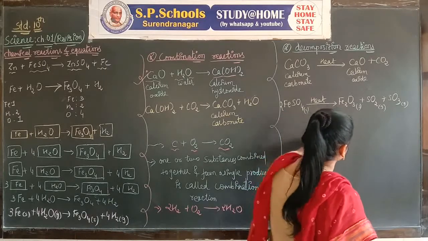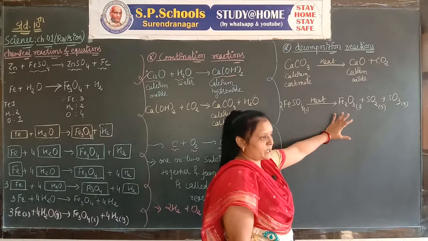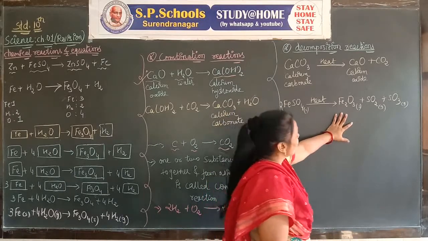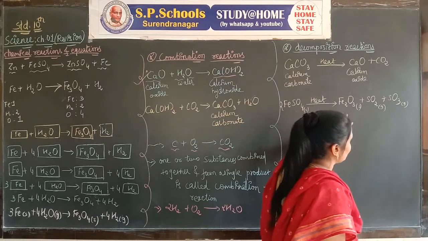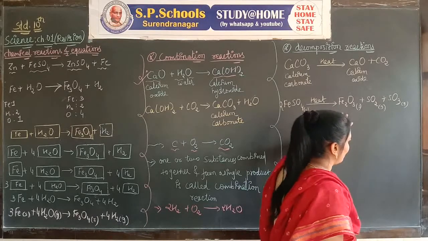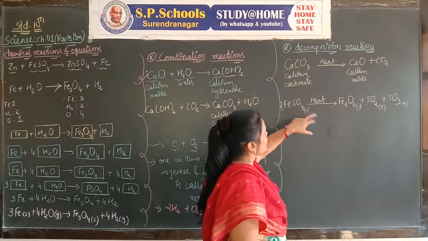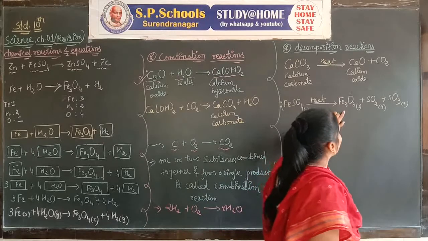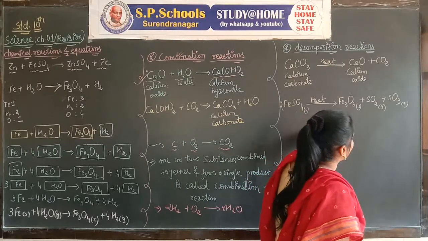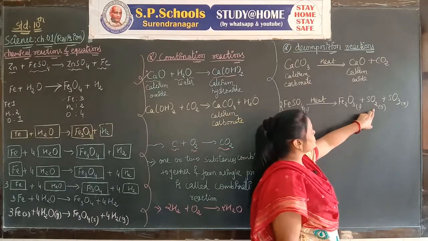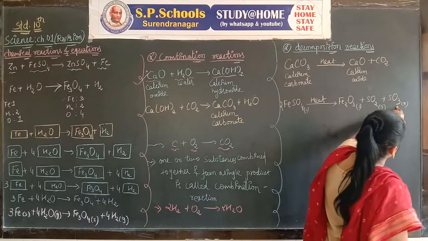Ferrous sulfate, Fe2O3 ferric oxide, you have to write names for all the compounds. SO2 sulfur dioxide, SO3 sulfur trioxide.